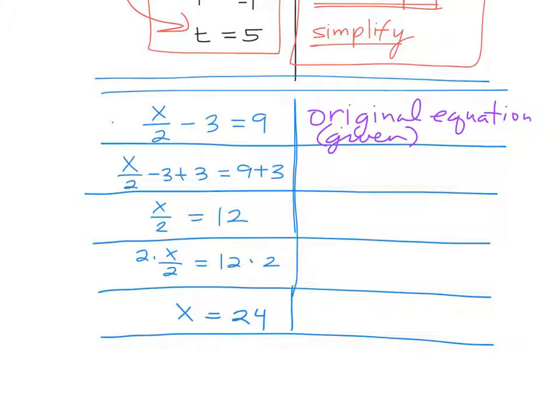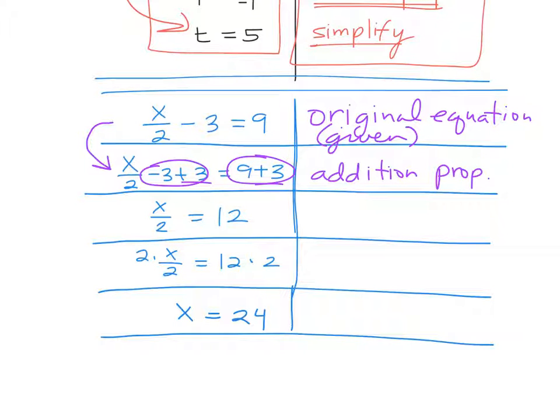How did I get from the original to this? Addition property, right? We added 3 to both sides. So that is the addition property. Then we actually did that addition on both sides, so we simplified.